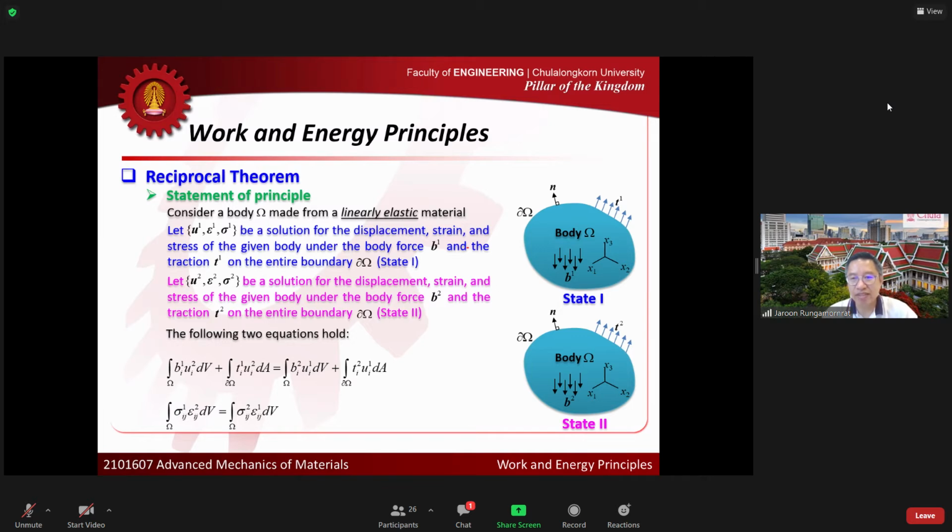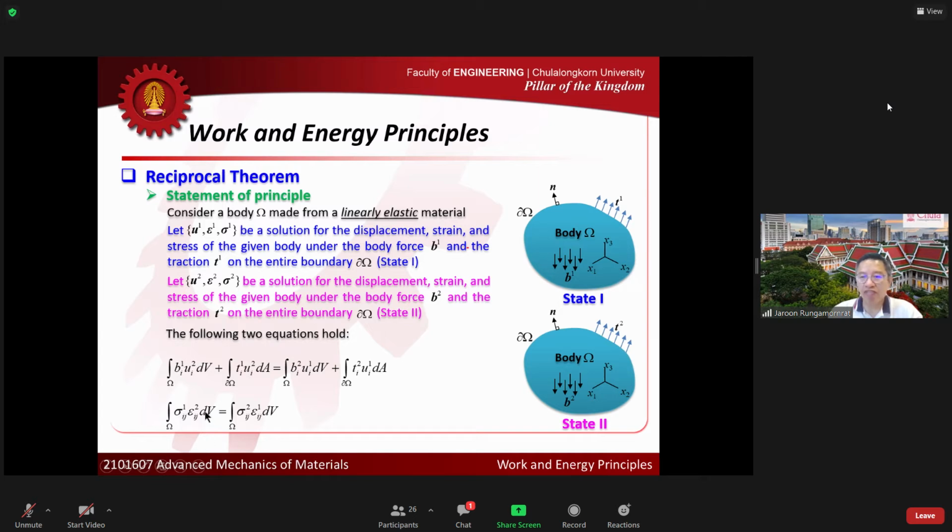So you can take force from one state to the displacement from the other state, right? And you can think about that as the work done. Okay, so if you look at the external work done, the external work done from the force from the first state due to the displacement from the second state is the same as the work done due to the external force from the second state due to the displacement from the first state.